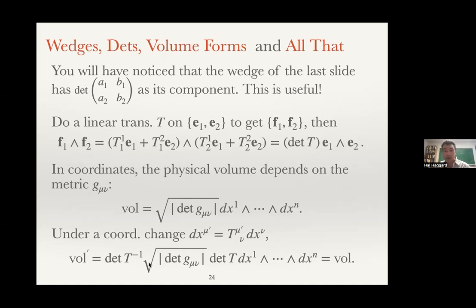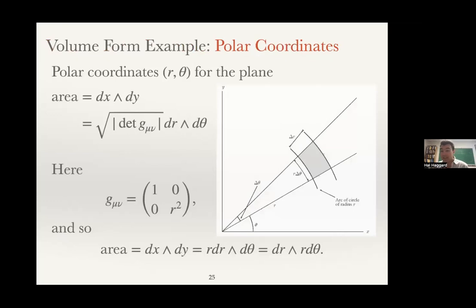All right, so we're already seeing that the wedge product helps us see some of the simplicity of the calculations behind some of the technical things that we do in GR. Okay, just to illustrate this a little bit more concretely, let's see how it works for polar coordinates. So I have my Cartesian system xy here, but I'm also going to think about the polar coordinates r and theta.